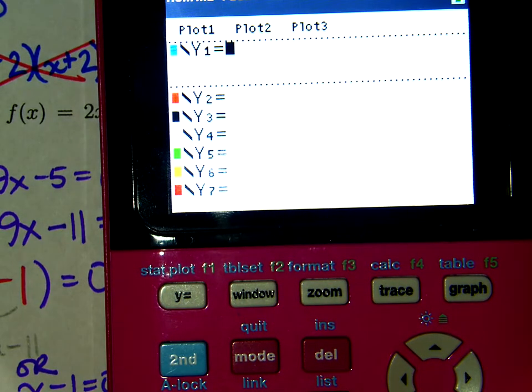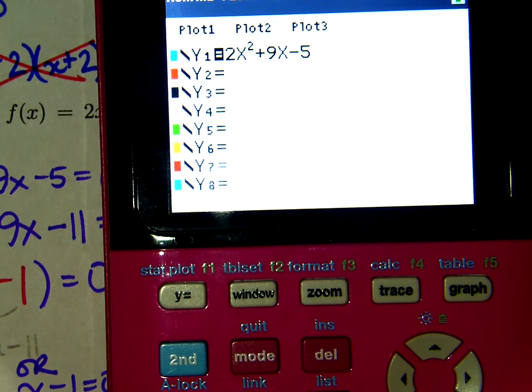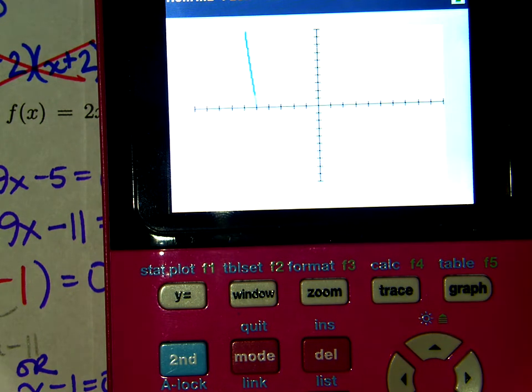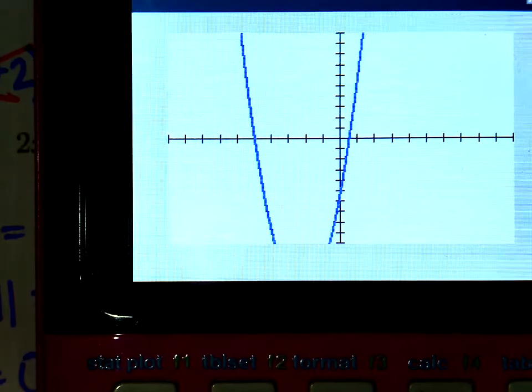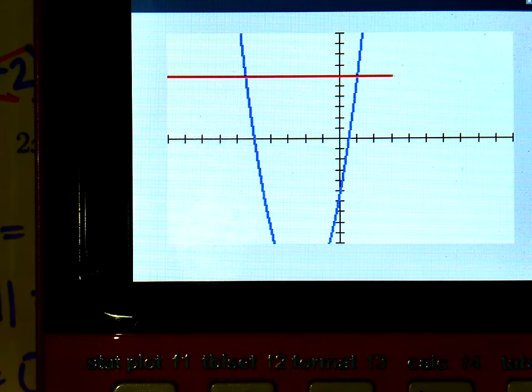Clear this, and I'm going to put 2x squareds plus 9x's minus 5. And we were set to find out where that would equal 6. Now I'm going to go to my graph. Look at that.